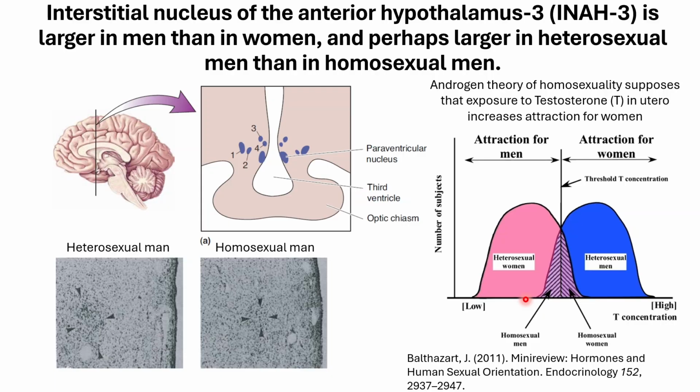Specifically in the case of congenital adrenal hyperplasia, they have a much greater incidence of homosexual type behaviors and homosexuality than you would expect by chance, and also a much higher degree of transgenderism.